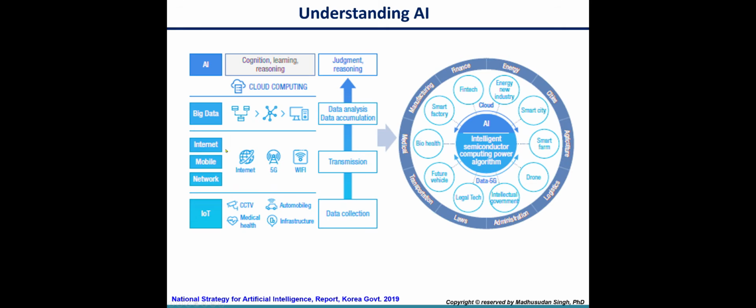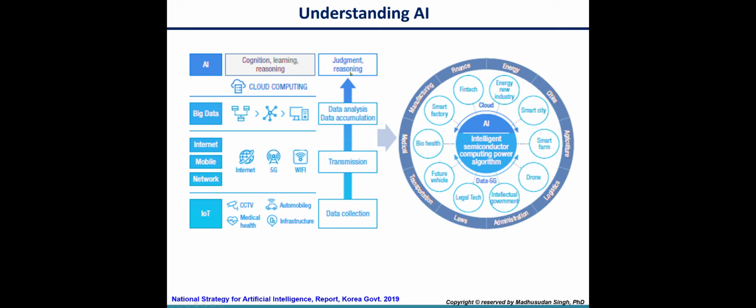So next we have two more basic things about applications or understanding of AI. In AI we have cognitive learning, judgment and those things. So this is an example of where we are using AI and those features. They are using it in future vehicles, bio healthcare, smart factory, fintech, energy, smart city, smart farm, drone, intelligent government, legal technology.